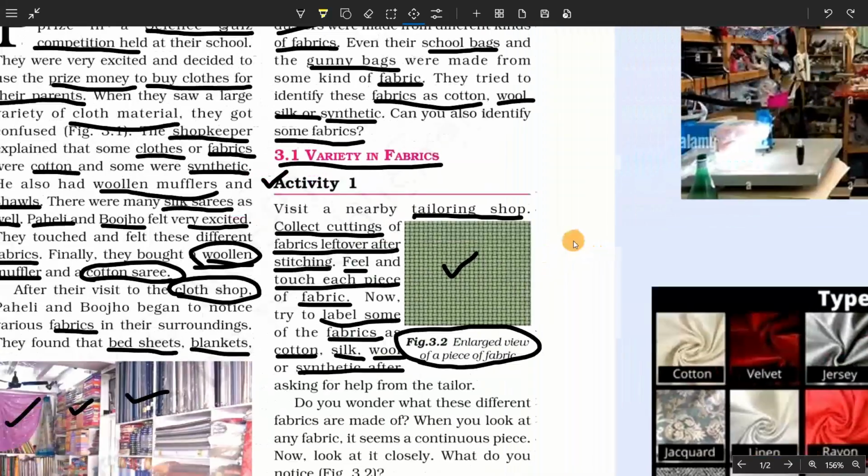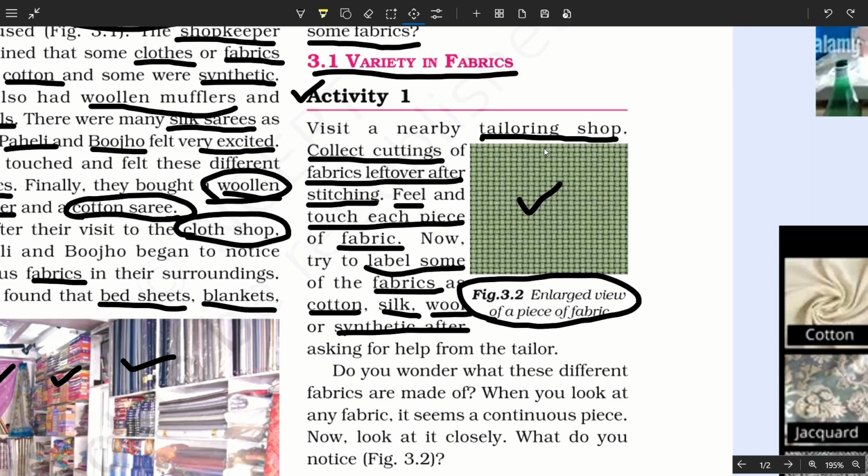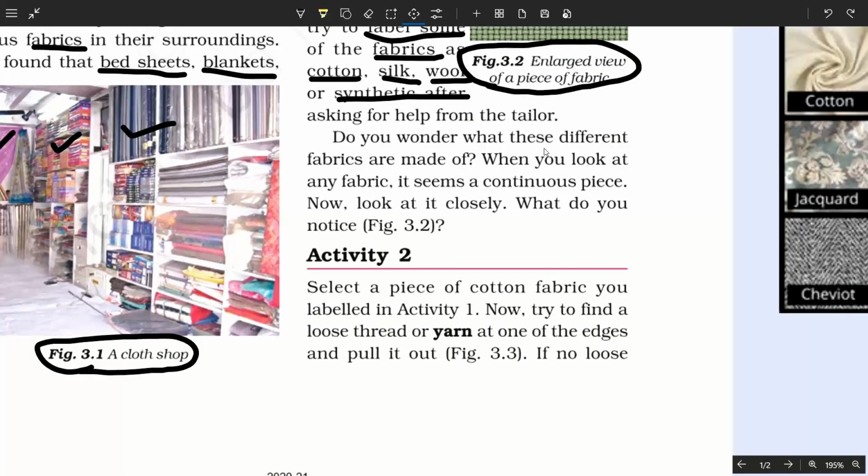This is a picture where you can observe there are vertical and horizontal rows, also columns, like lines made like this. This is a fabric. You can also observe this with the clothes which you have collected. Just observe it closely, you will see some difference.